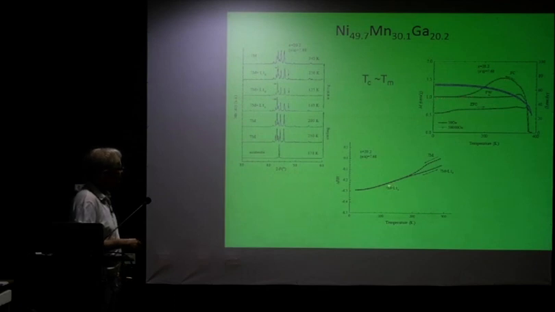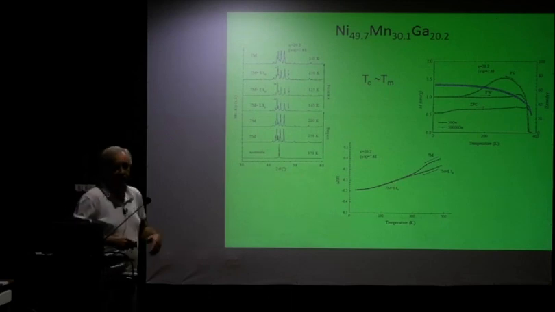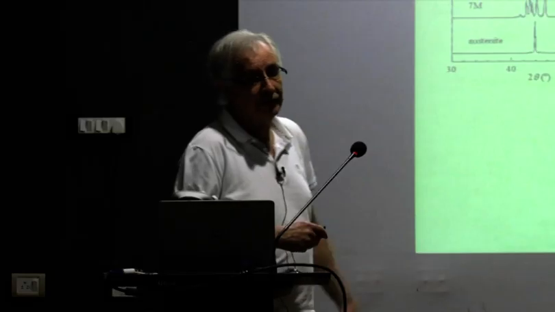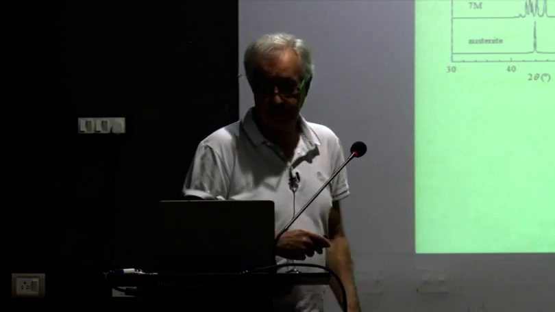When you're all the way down, you have generated some L10, but it's not there. So then you go back up, and the L10 remains. So it was not there at 200 Kelvin when you were cooling the sample. It started coming out at 140, and it's not gone before you reach a much higher temperature.